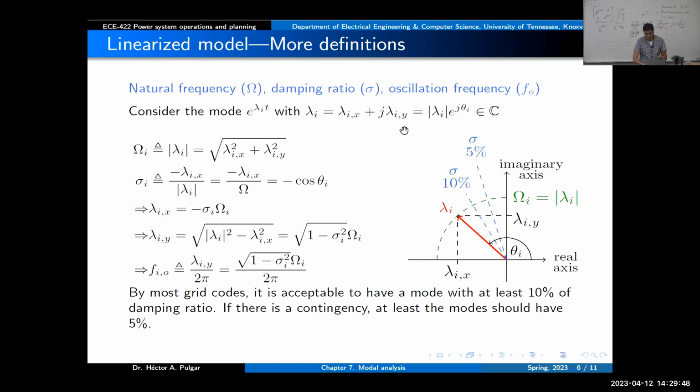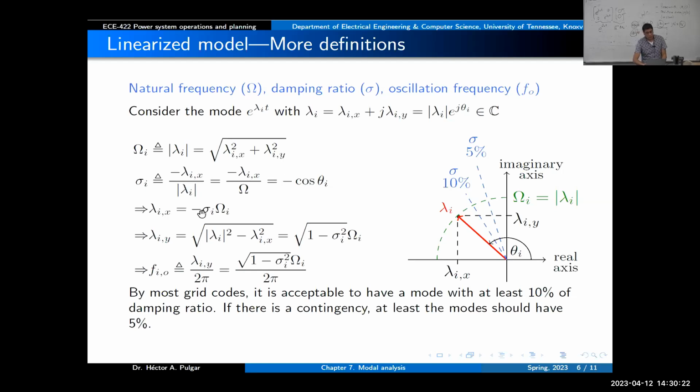So either in rectangular or polar form, that's the definition of the eigenvalue. Here we have the eigenvalue in red. The magnitude of this is what we call the natural frequency. As you can see here, you can draw a circle with that radius. That's the circle for the natural frequency. When the real part is 0, then the imaginary part will be exactly the natural frequency.